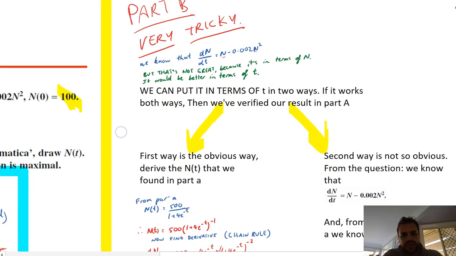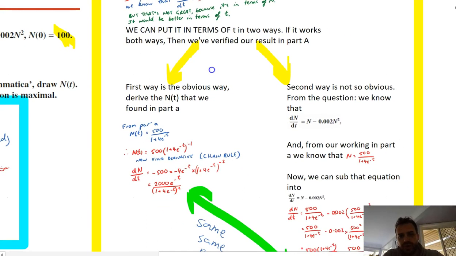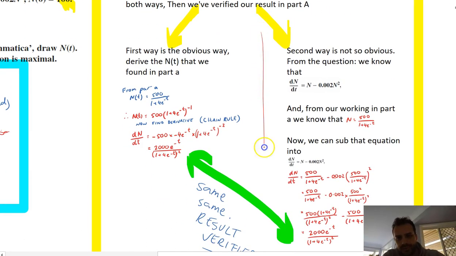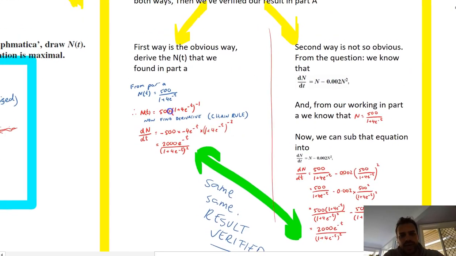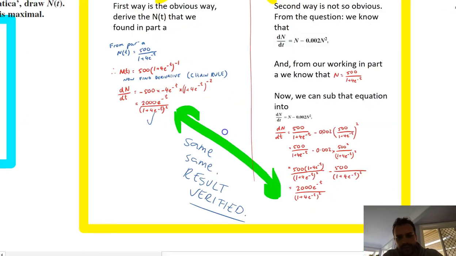Okay, so we can put it in terms of t in two different ways. If it works both ways, then we've verified our result in A. So what I would suggest you do is kind of work in your book like this, and we're aiming for two similar results here.